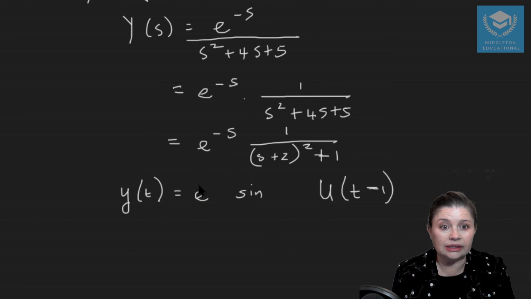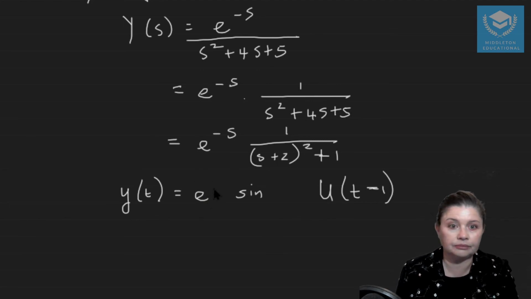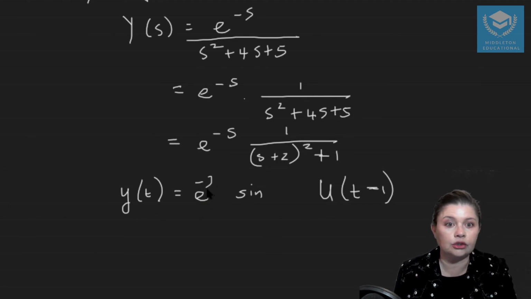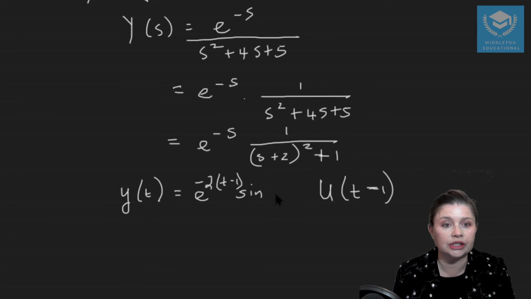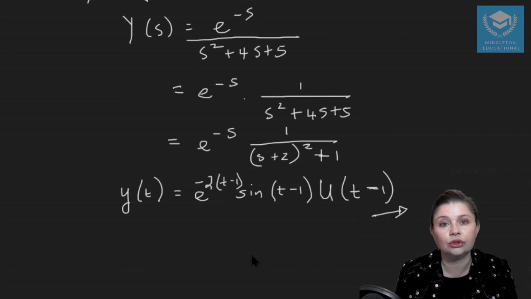The power in this case is going to be minus 2t, but if we include the shift, it's going to be t minus 1, times sine of a t, where a is 1 in this case, if you're looking at your formula sheet. So it's going to be 1 times t, but in this case, you have to include your shift. And that is the solution to your differential equation.